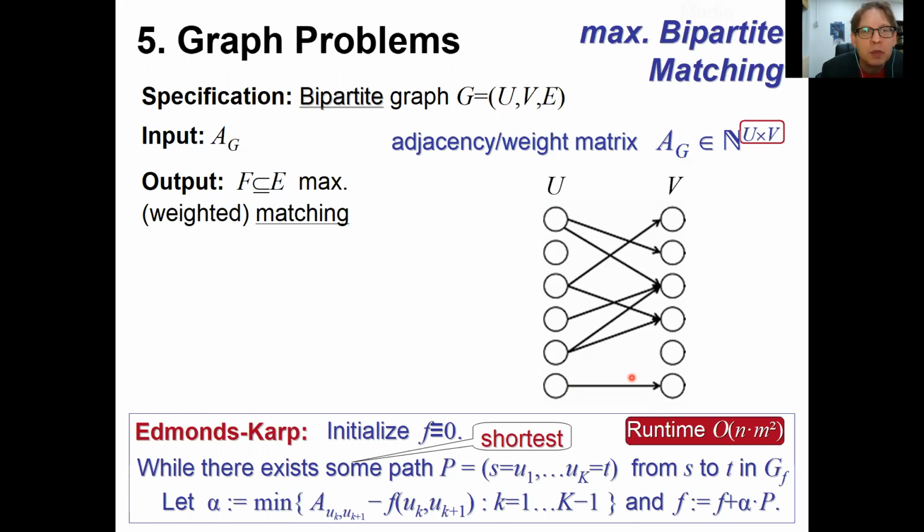And this is more general because if we just assign a weight 1 to each edge, then we recover the original counting version, the number of marriages, the number of weddings. And by permitting weights in addition, the problem becomes more general.